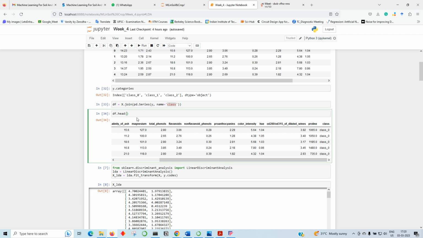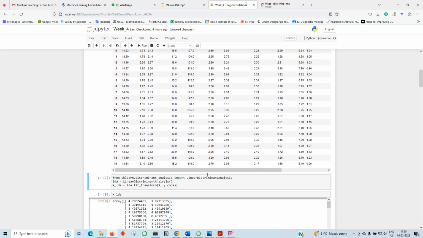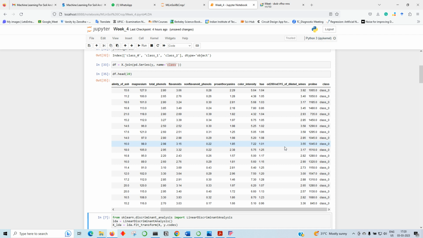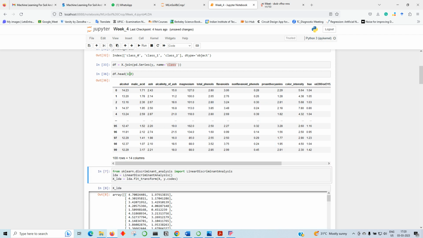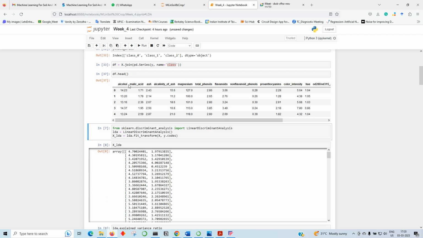If you go for more than just 5 values here, let's say 20 values, you'll see some examples for class 1 or class 2. So maybe we need to go further. If you go till 100 values, yeah, you can see now there are some examples for class 1, and similarly there will be some examples for class 2 in the middle. Let's keep it short to 5 examples for our view.